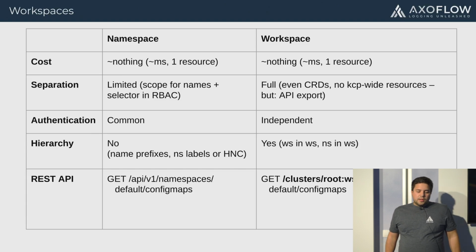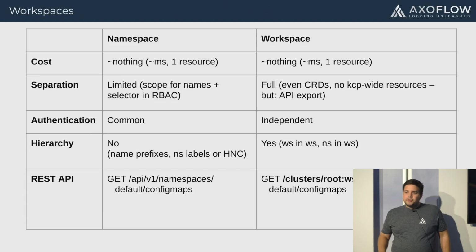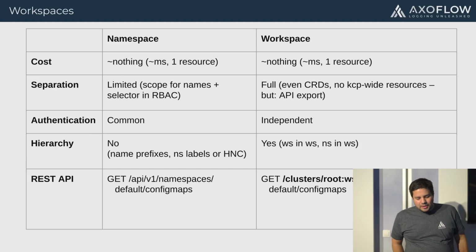Another important difference to regular Kubernetes namespaces is that workspaces support hierarchy. So you can create workspaces within workspaces. Of course, all of your workspaces will include namespaces because they are basically a separated Kubernetes scope or cluster scope where you can use namespaces.